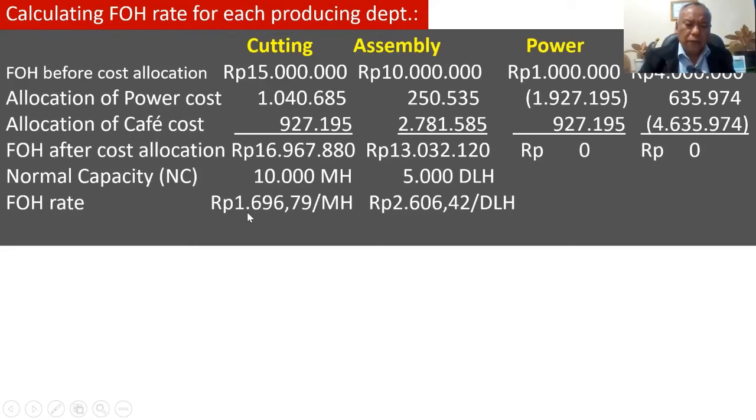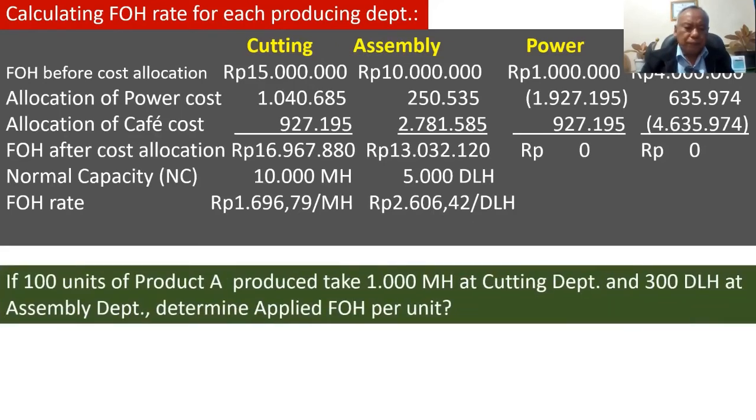So we find 1,696.79 per machine hour. And also for assembly, 13,032,120 divided by 5,000 direct labor hours. So we find 2,606.42 per direct labor hour.